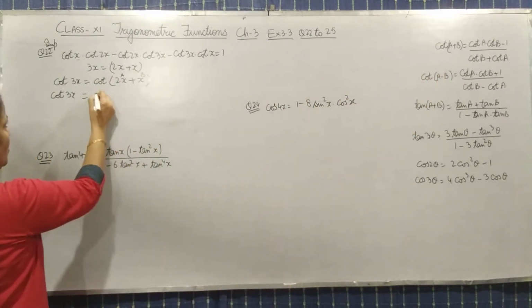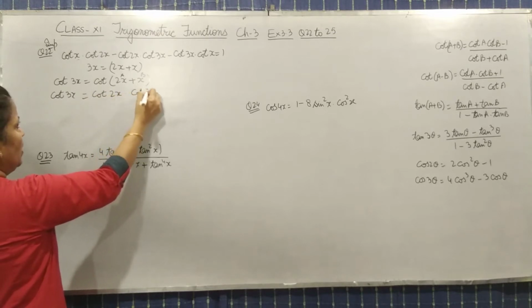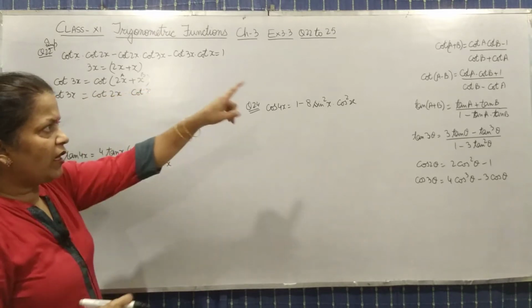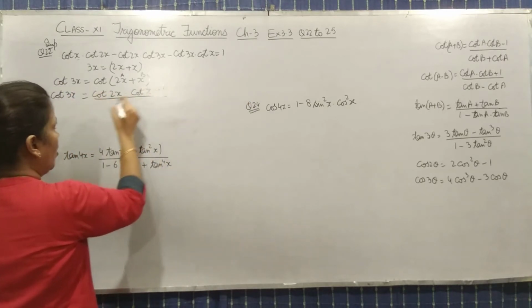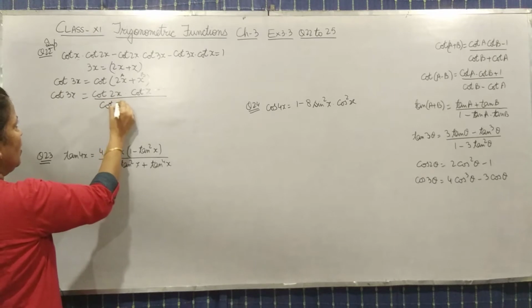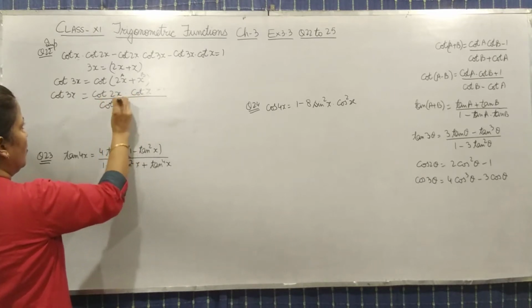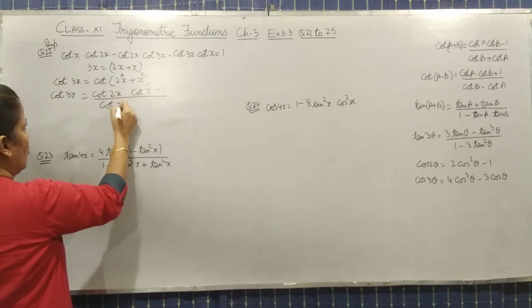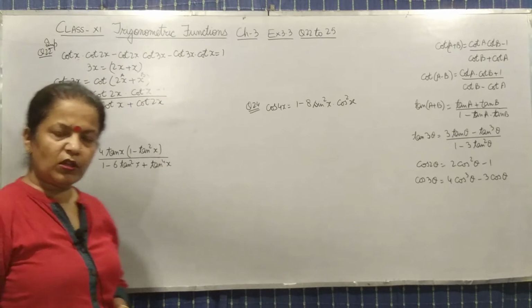So cot(A plus B) is cot A into cot B minus 1, upon cot B plus cot A. You will write it like this.